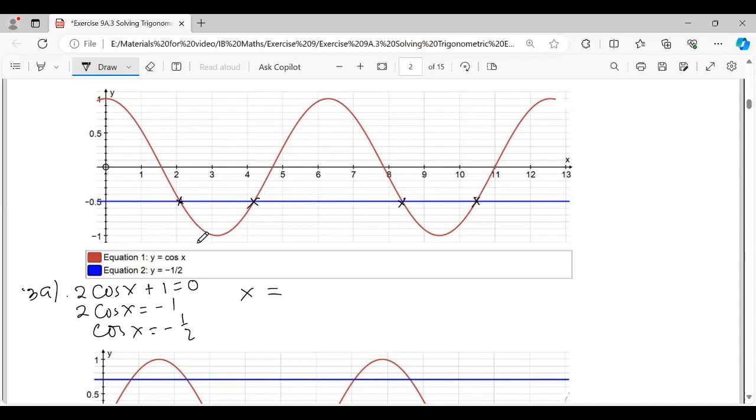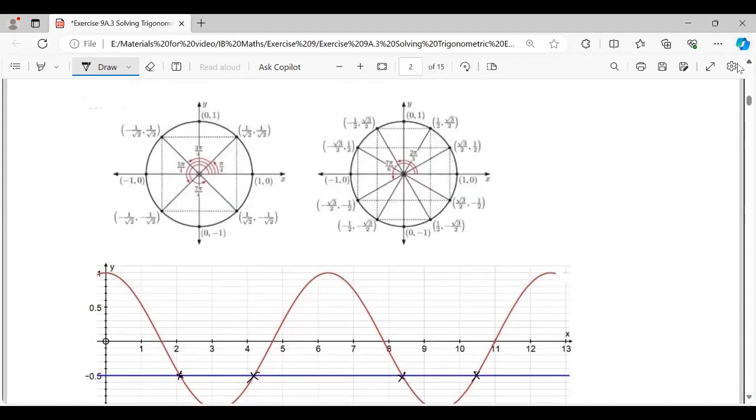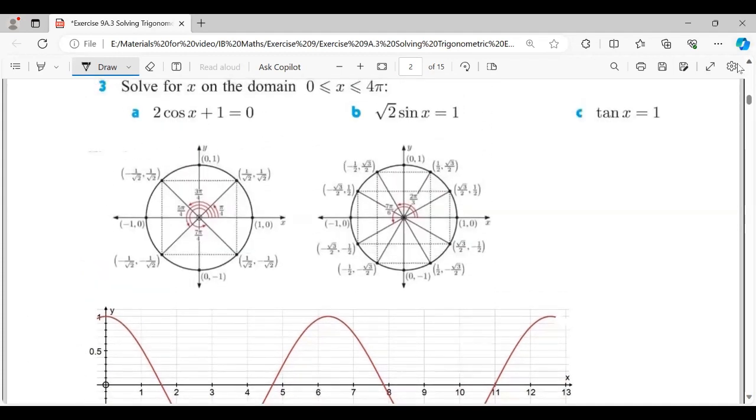The first one is, we can see here, cosine x equals negative half. Okay, we check cosine x.